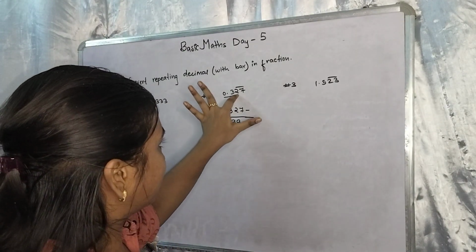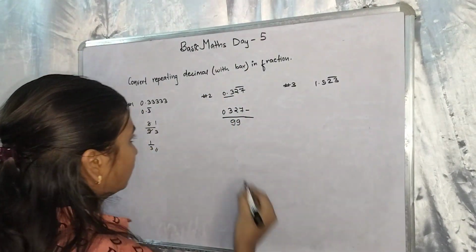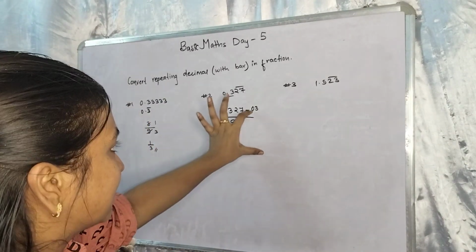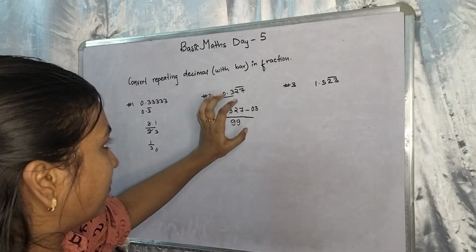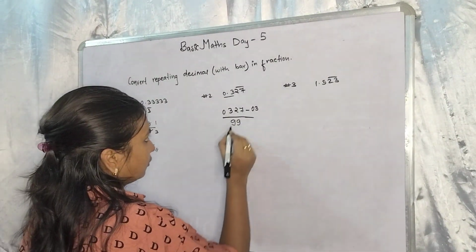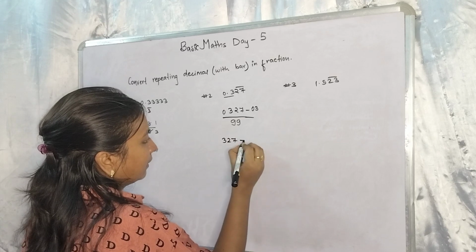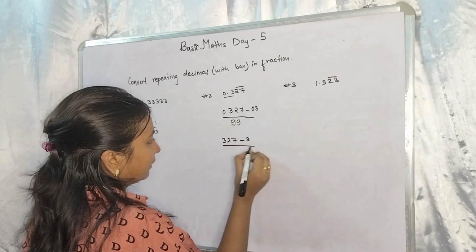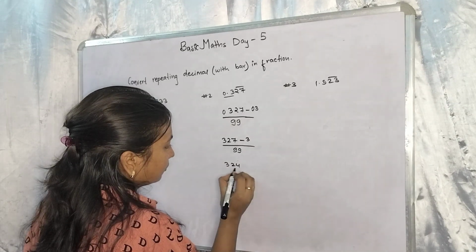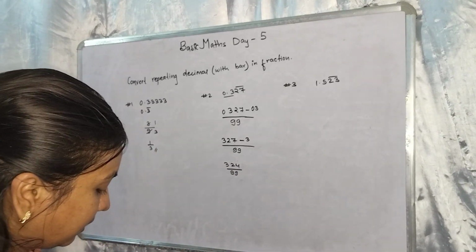This was with bar, but 0.3 didn't have a bar, so this will be 0.3. So you will subtract this 3 from the whole number. So 327 minus 3 divided by 99.